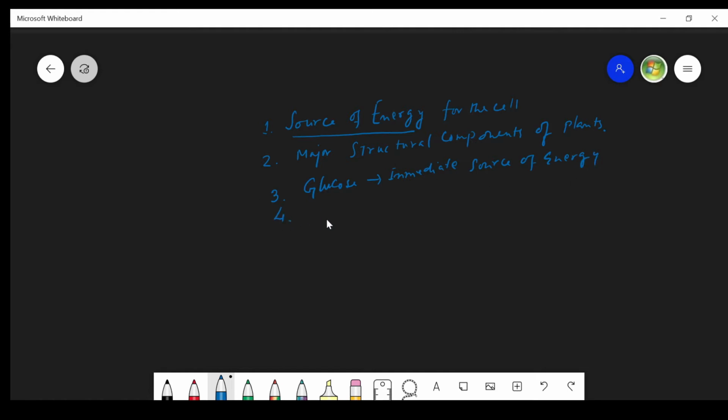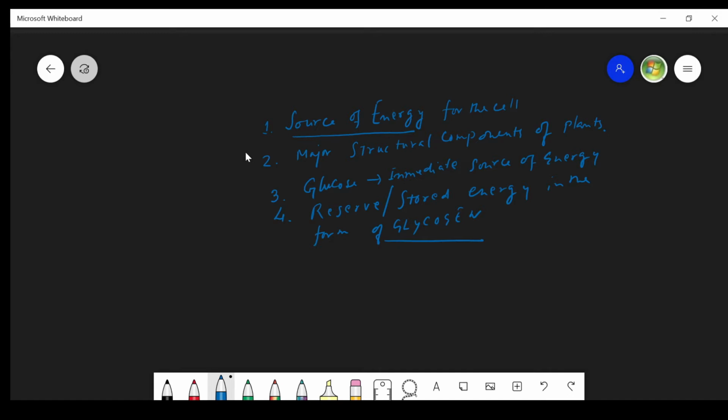Fourthly, reserve or stored energy in the form of glycogen.